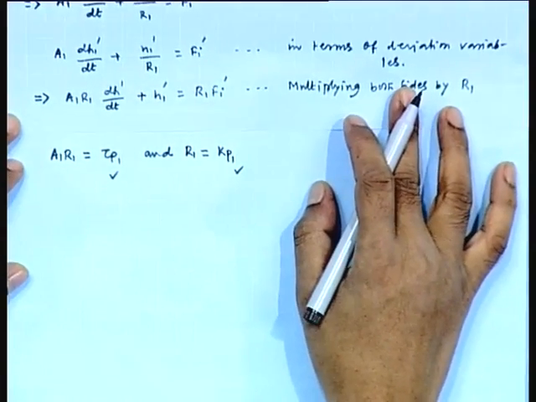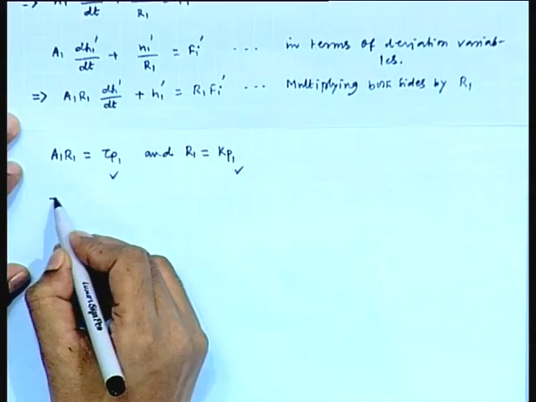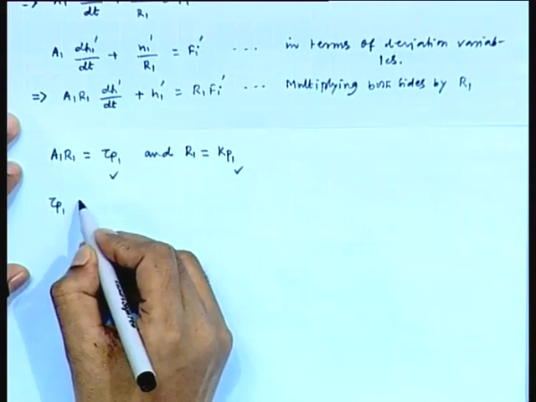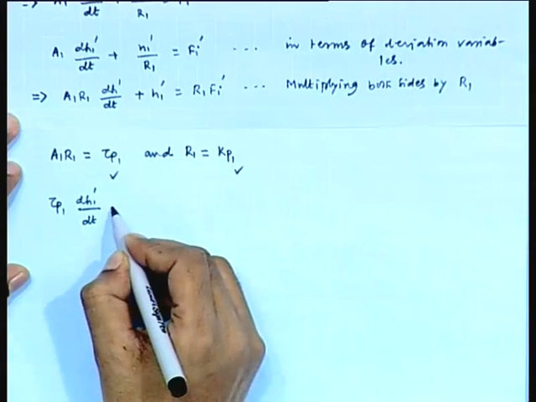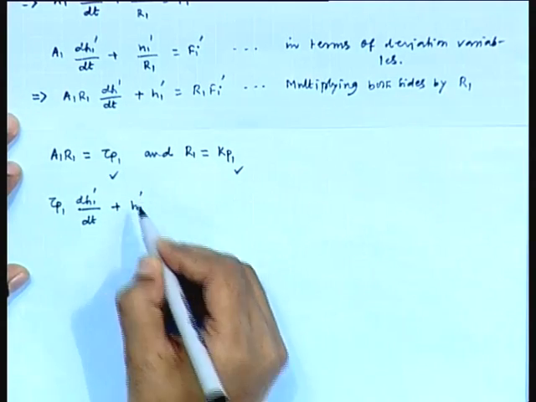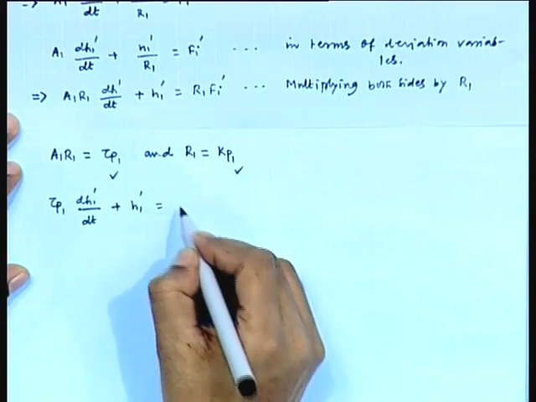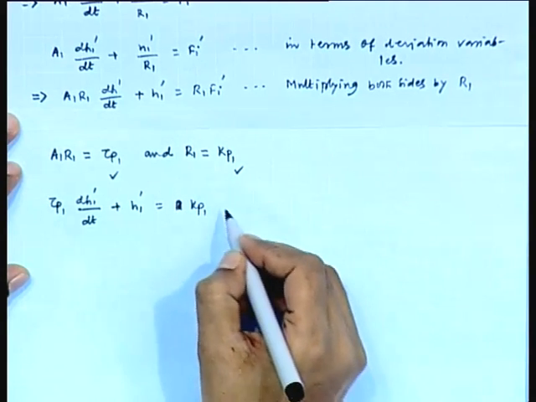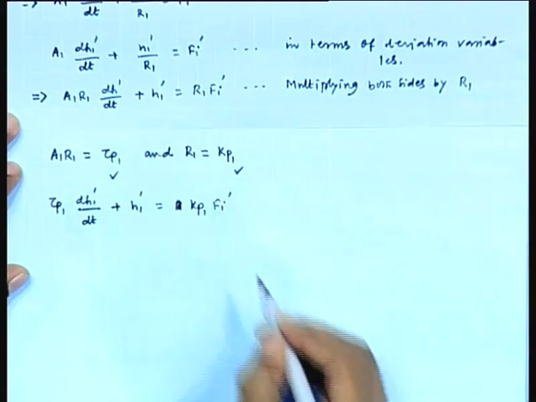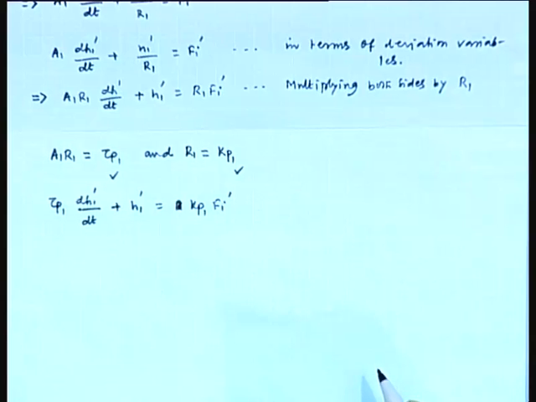Then the modeling equation becomes tau p1 dh1'/dt plus h1' equals Kp1 Fi'. This is the first order differential equation of the output h1.